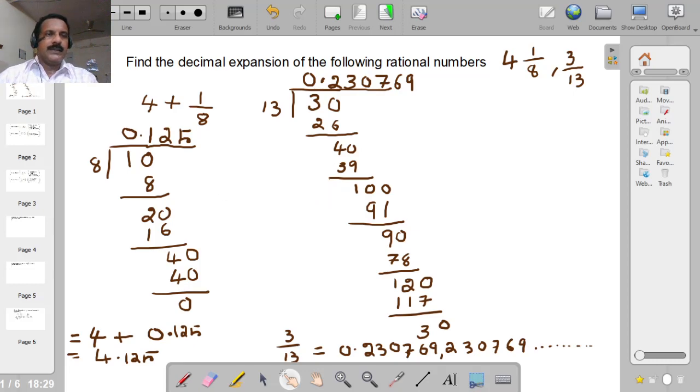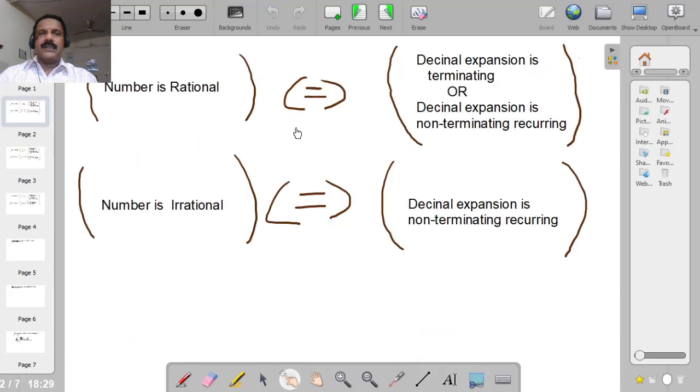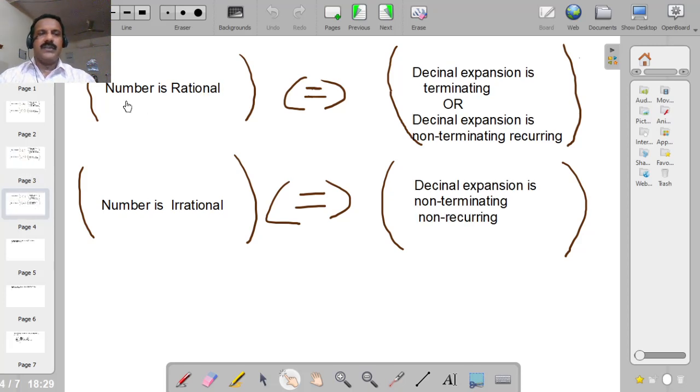See, if a number is rational, then either its decimal expansion will terminate, like the first problem we did, or the decimal expansion will be non-terminating, but a certain block of digits will repeat again and again.